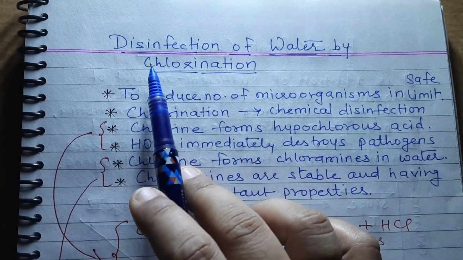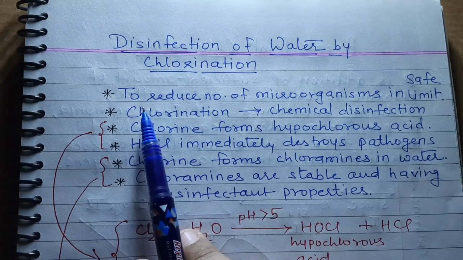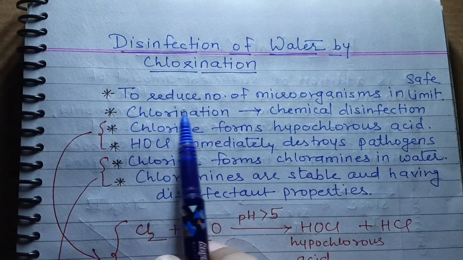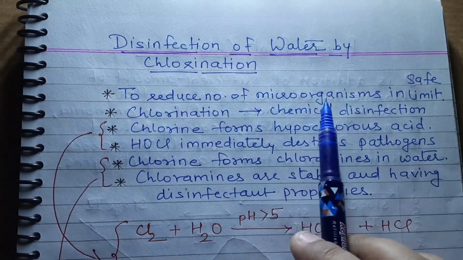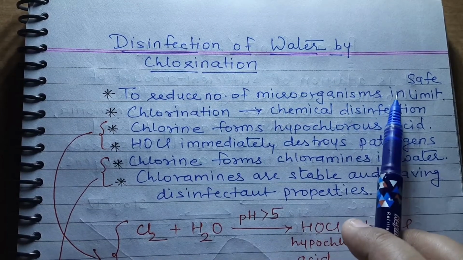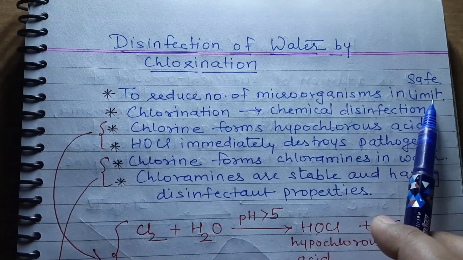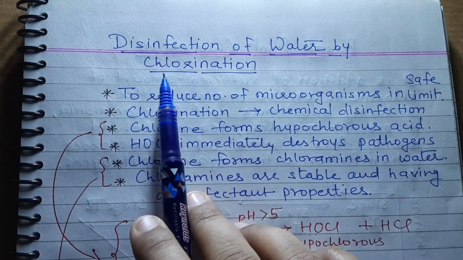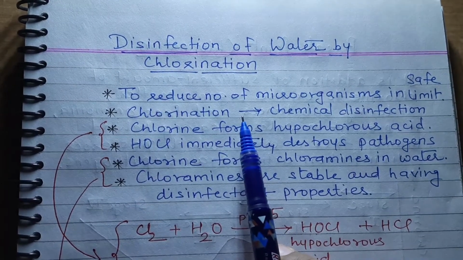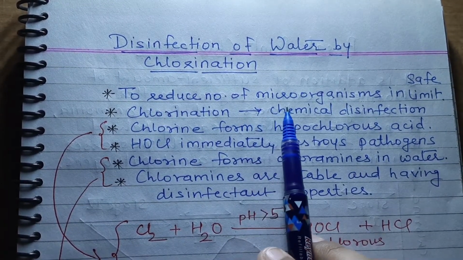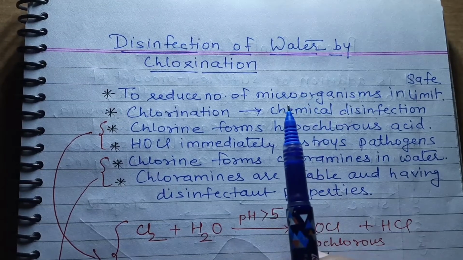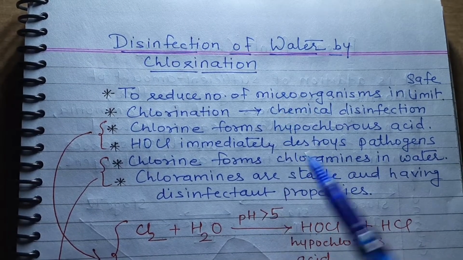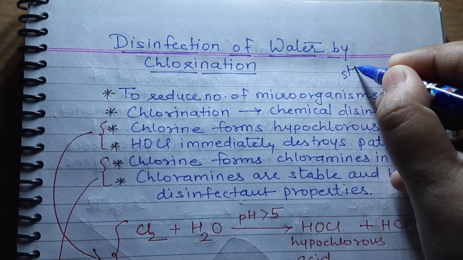What is disinfection? This is a process to reduce the number of microorganisms to within a safe limit. Actually, disinfection never destroys microorganisms completely. Complete destruction of microorganisms is known as sterilization.